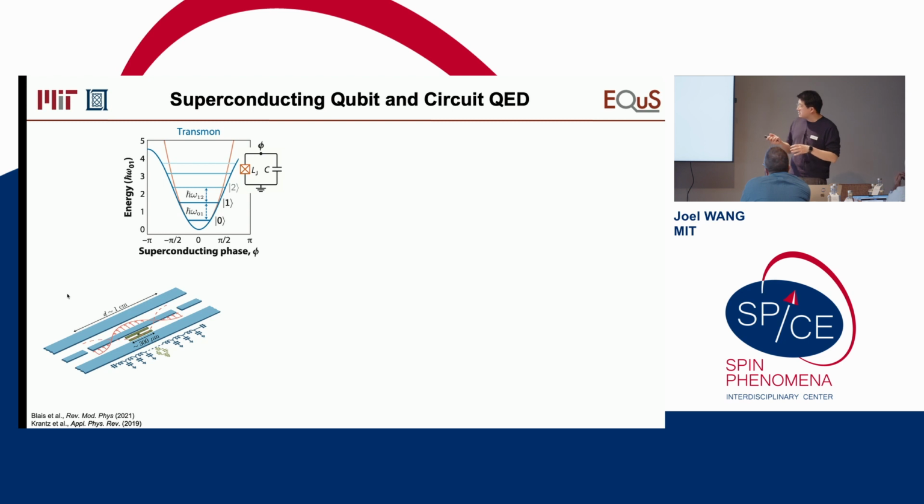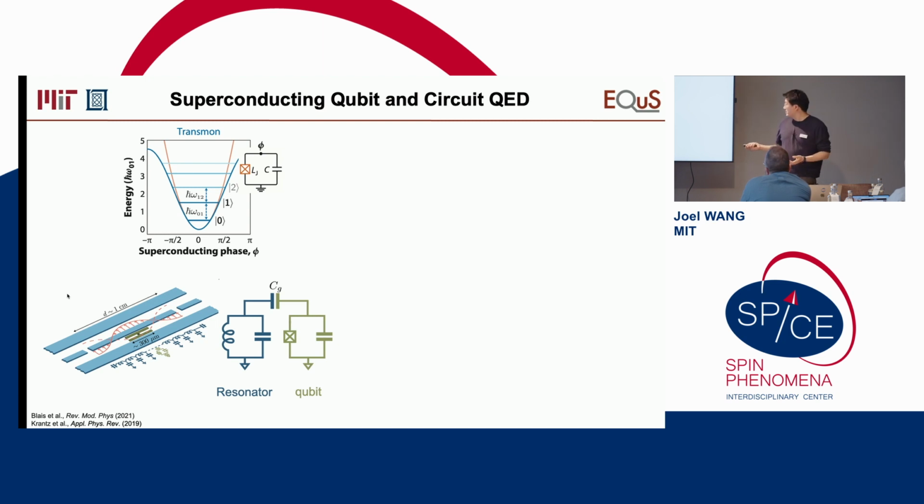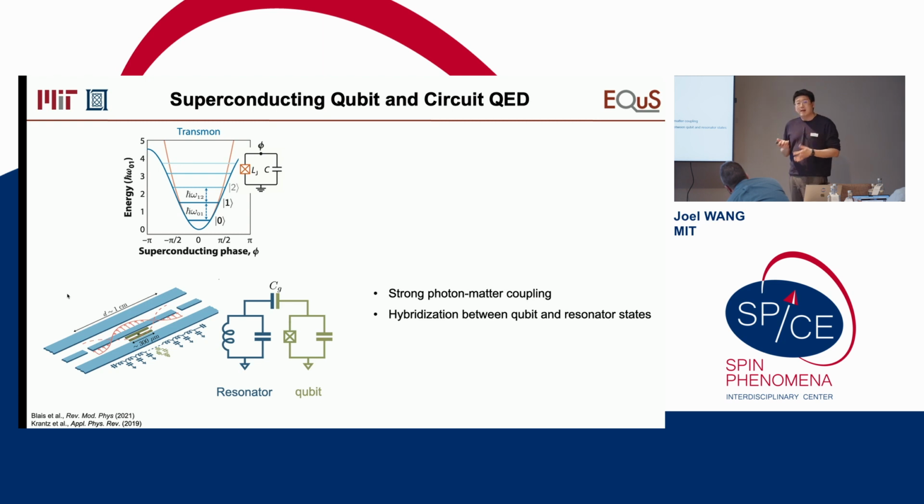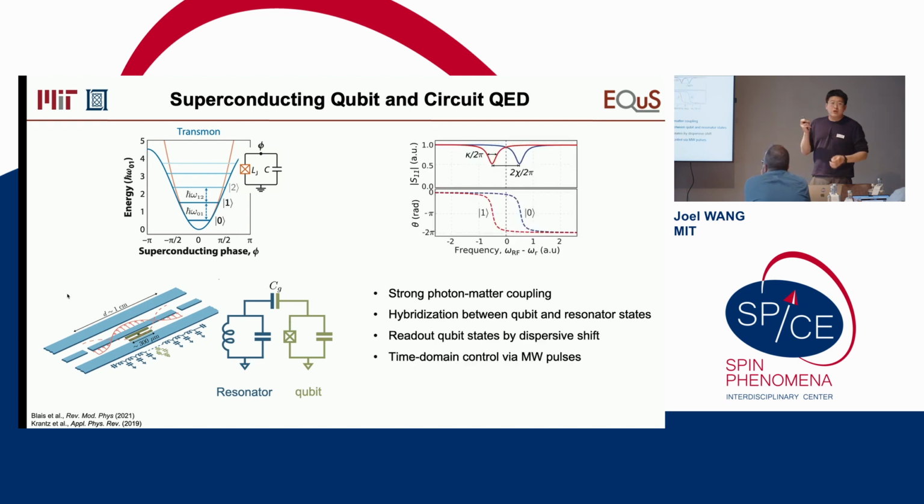Again, this is basically confining photons in a cavity that couples strongly to the superconducting qubit, as represented by the graph here. By doing that, one can facilitate very strong photon-matter coupling and also hybridization between the qubit and the resonator state, so that one can read out the state or the characteristic of the qubit by observing the shift of the resonance in the resonator.